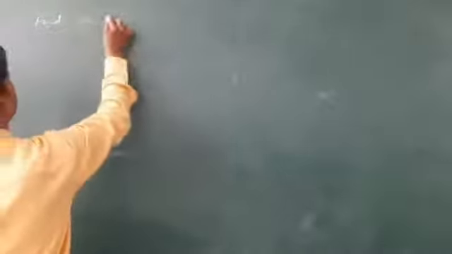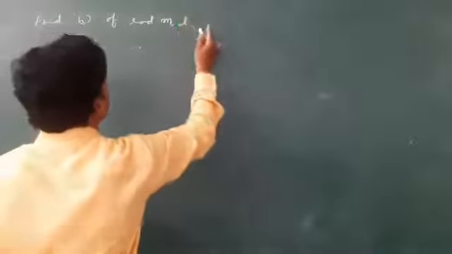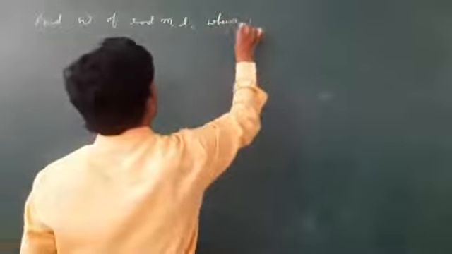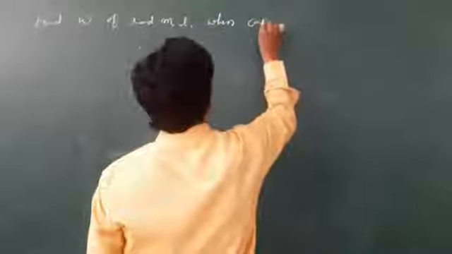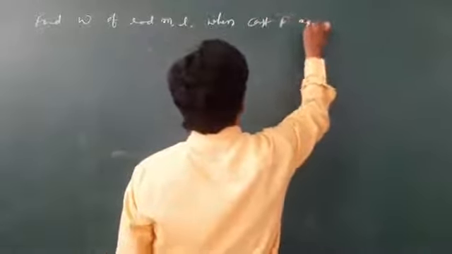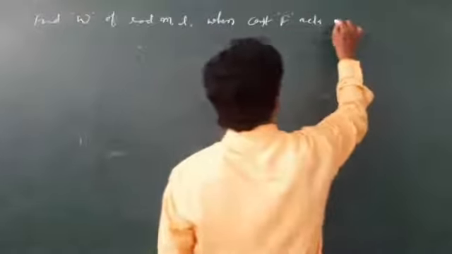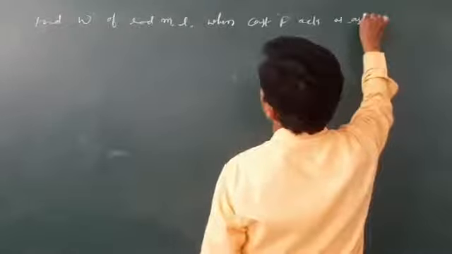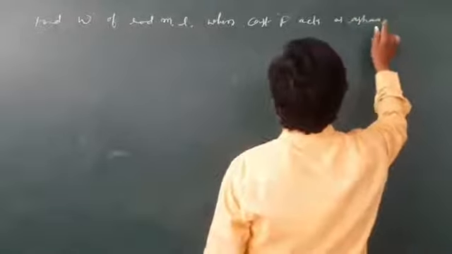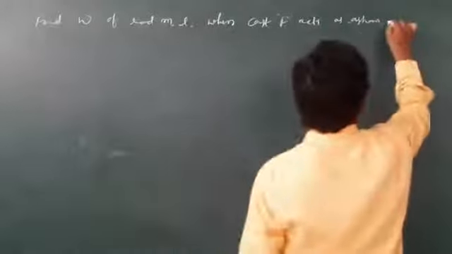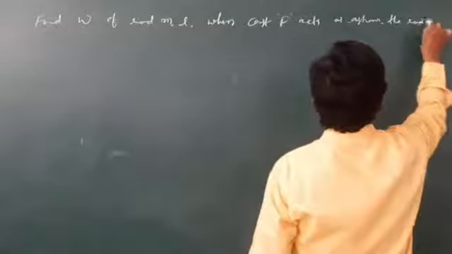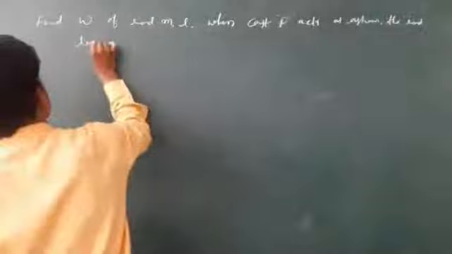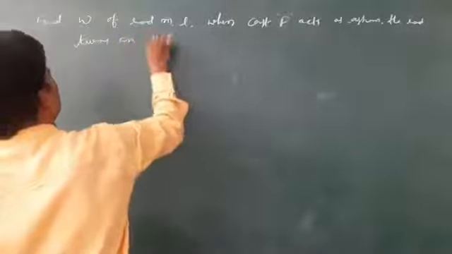Find the angular speed of a rod of mass m, length L, when a constant force acts as shown and the rod turns through an angle pi by 2 with respect to the initial direction.